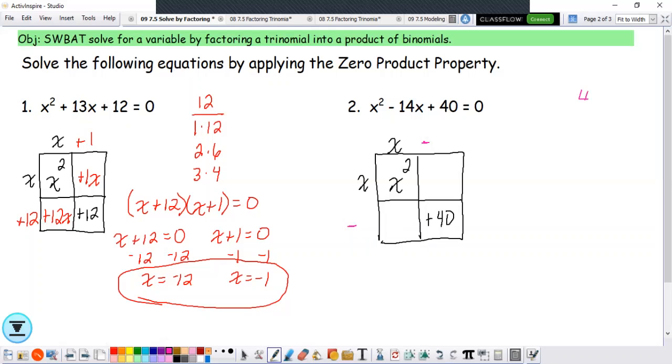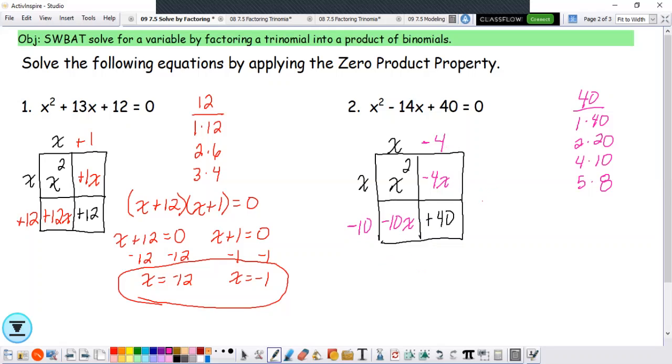And our factor pairs for 40 are 1 times 40, 2 times 20, 4 times 10, and 5 times 8. Now to get a negative 14, that would be negative 4 and negative 10. So negative 4x and negative 10x does give me negative 14x, and negative 4 times negative 10 is a positive 40.